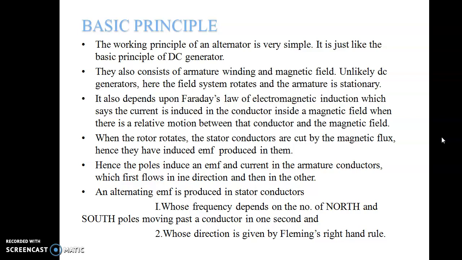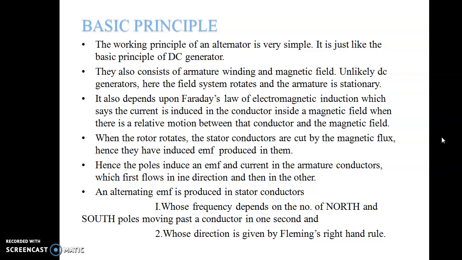As we all know, an alternator takes mechanical input and provides electrical output, and it depends on Faraday's law of electromagnetic induction. According to this, when there is a relative motion between the conductor and the magnetic field, current is induced inside the conductor.